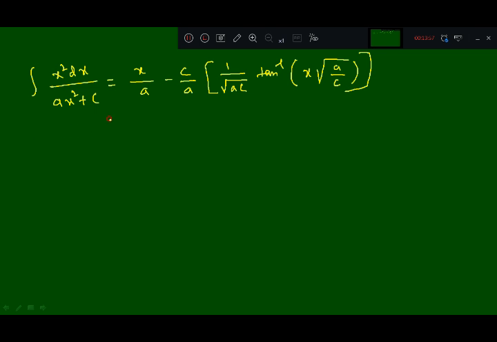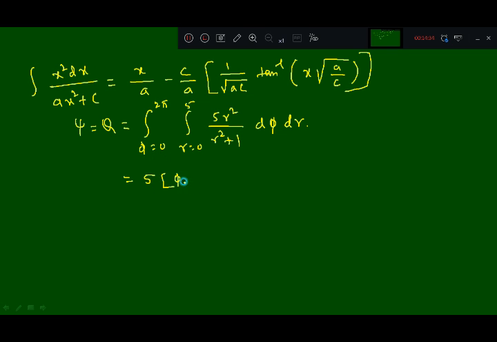So if you apply the same rule here for Q equal to the integration of phi from 0 to 2 pi, integration of r from 0 to 5, of 5r square divided by r square plus 1 into d phi into dr. Here phi is constant, so I will take it outside; integrating it gives phi from 0 to 2 pi.